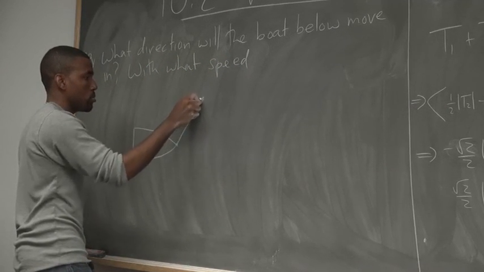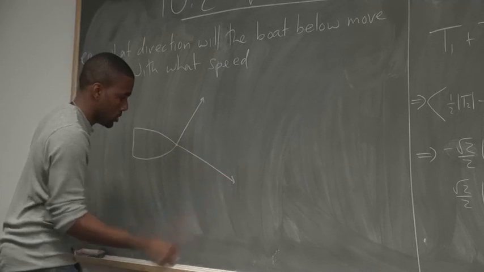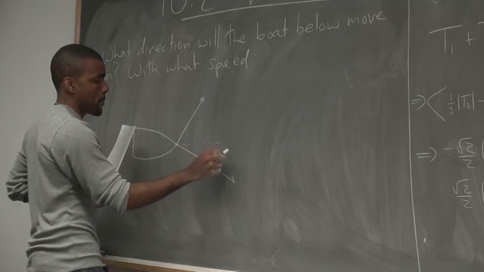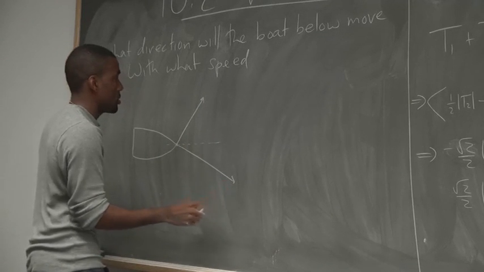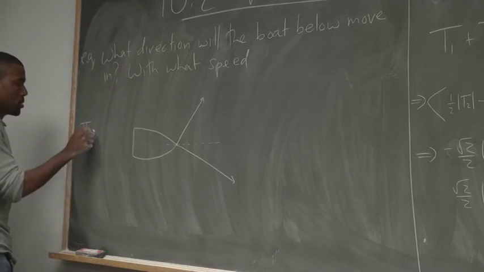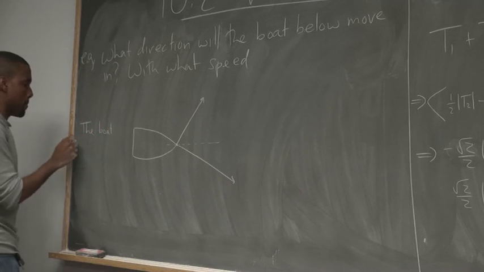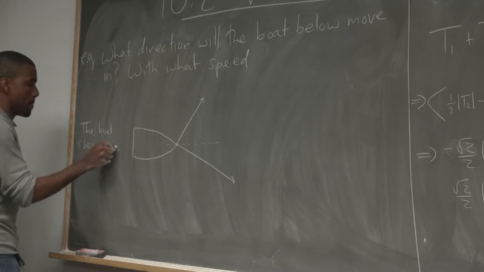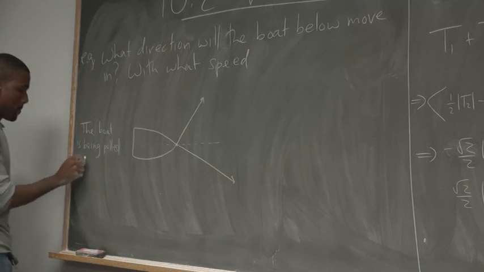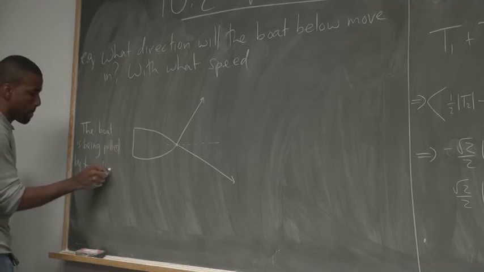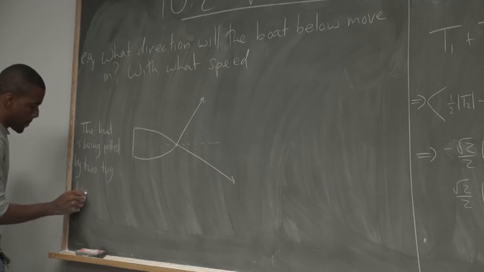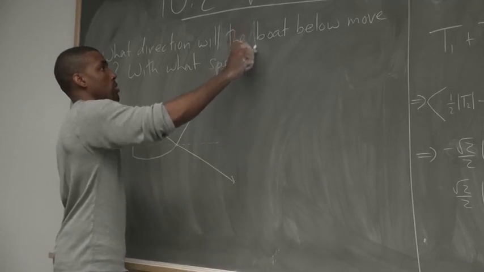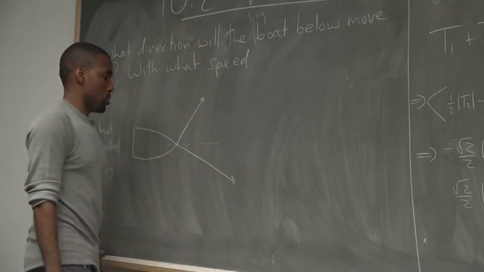A boat being pulled by 2 tugboats in opposite directions. Where would the big boat actually move?